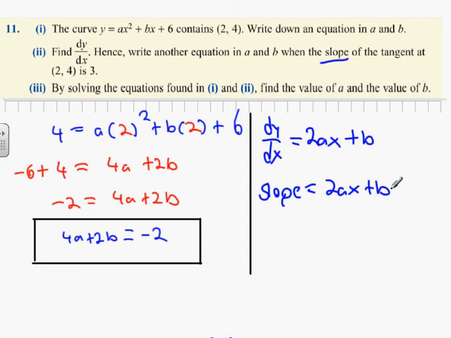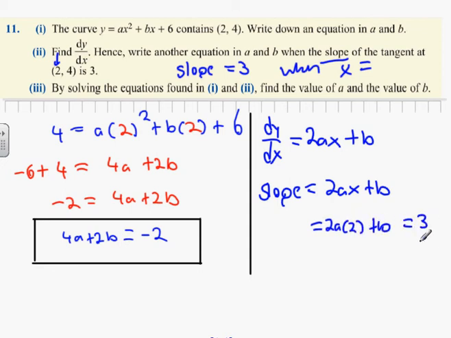Now, you're also told that the slope equals 3 when x equals what? What's the x value? It says when you put in x equals 2, you get a slope of 3. So when you replace x with 2, the slope has to be equal to 3.